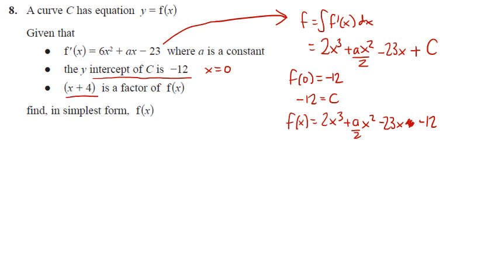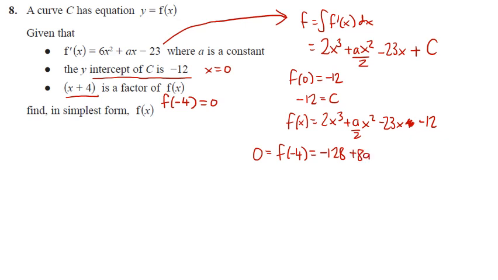We also know that x plus 4 is a factor. So using our factor theorem, that tells us that f at minus 4 is equal to 0. So let's substitute that in. So 0 equals the function at minus 4. So minus 4 cubed is minus 64 times 2, that's minus 128. Minus 4 squared is 16 over 2, that's 8, so 8a.